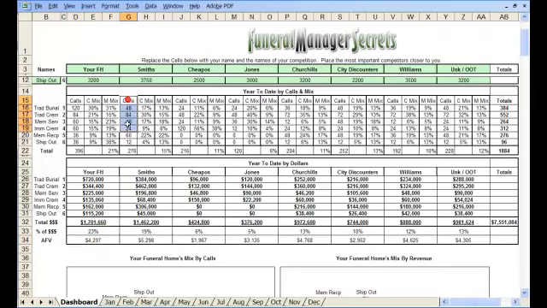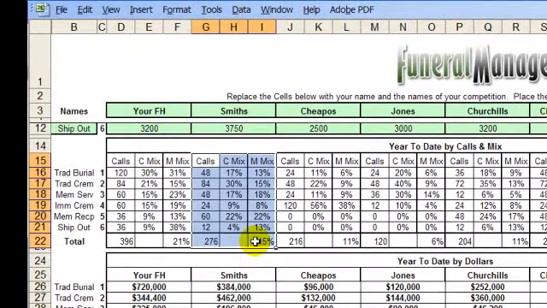Now, you can then also look at the same information for your competitors. And you can maybe see that one of these competitors is really strong in one area, or maybe it looks like they're getting a lot of calls, but they're not the profitable ones. Let's just look at the cheapos here.